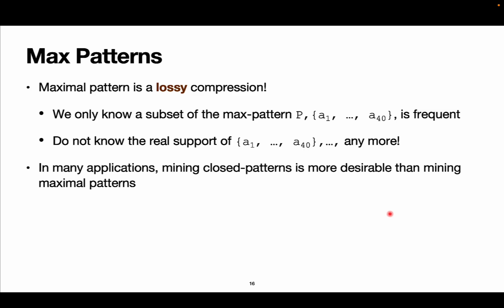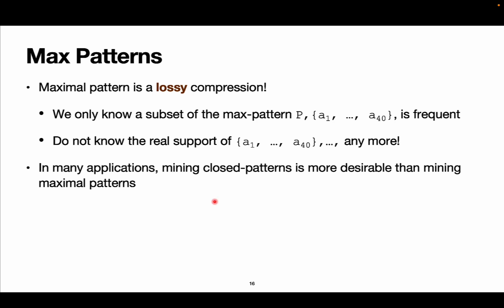One final note, maximal pattern is actually a lossy compression because we only know the support of the maximal pattern, but we lost the support information of the subsets. So if, let's say, A1 to A40 occurred 5 times, but A1 to A100 occurred 1 time, then we lost this information.